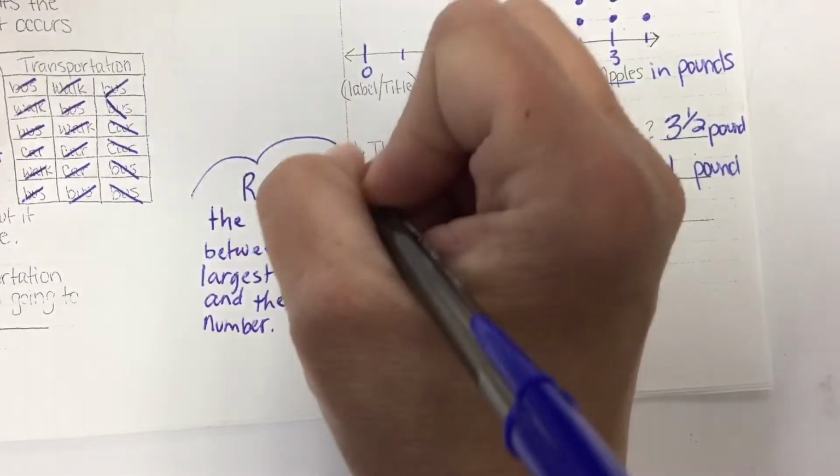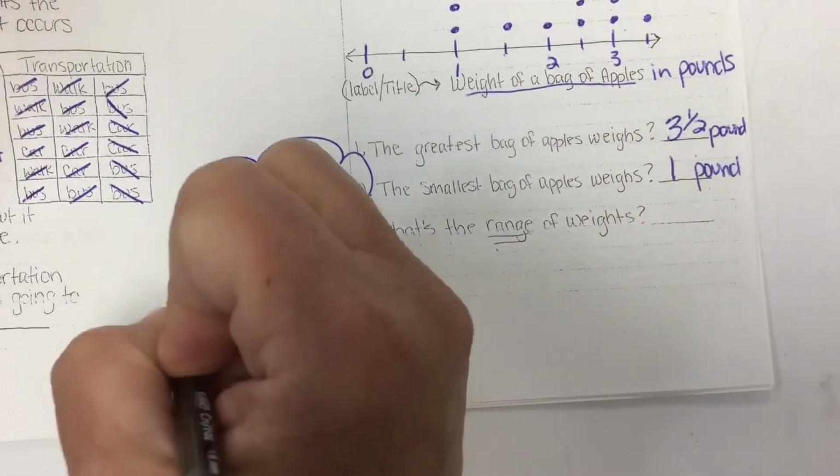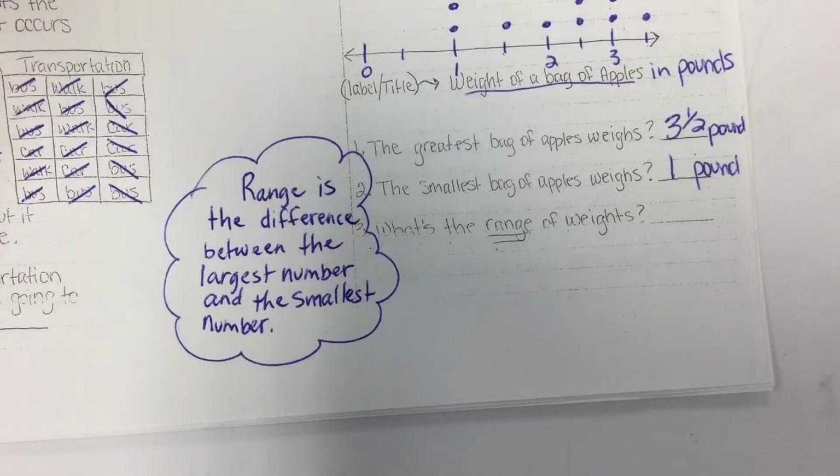Okay, so this is a good piece of information to have. Range is the difference between the largest number and the smallest number.